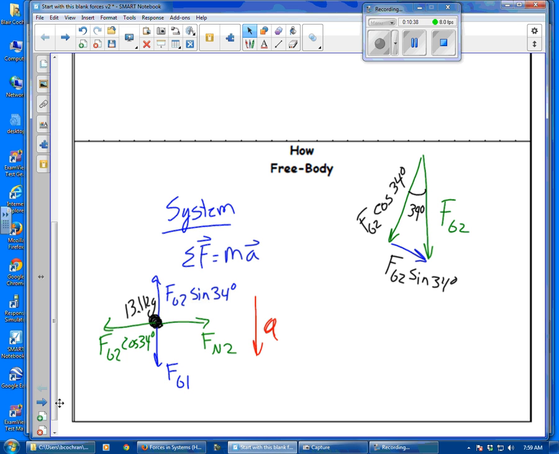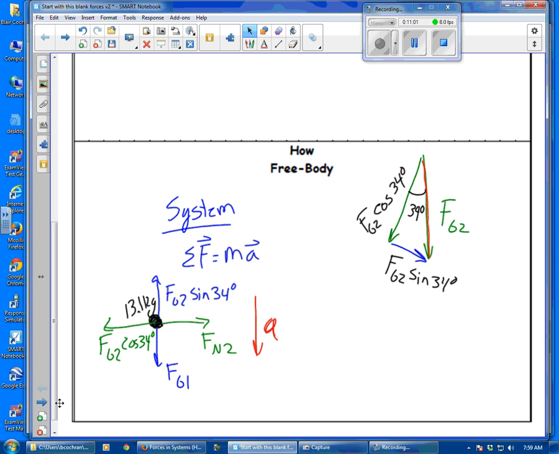I wish I had put a third color here. I'll go over this, so red and green together there. FG2 is in both directions, that counterclockwise direction and perpendicular to that, whatever we want to call that.